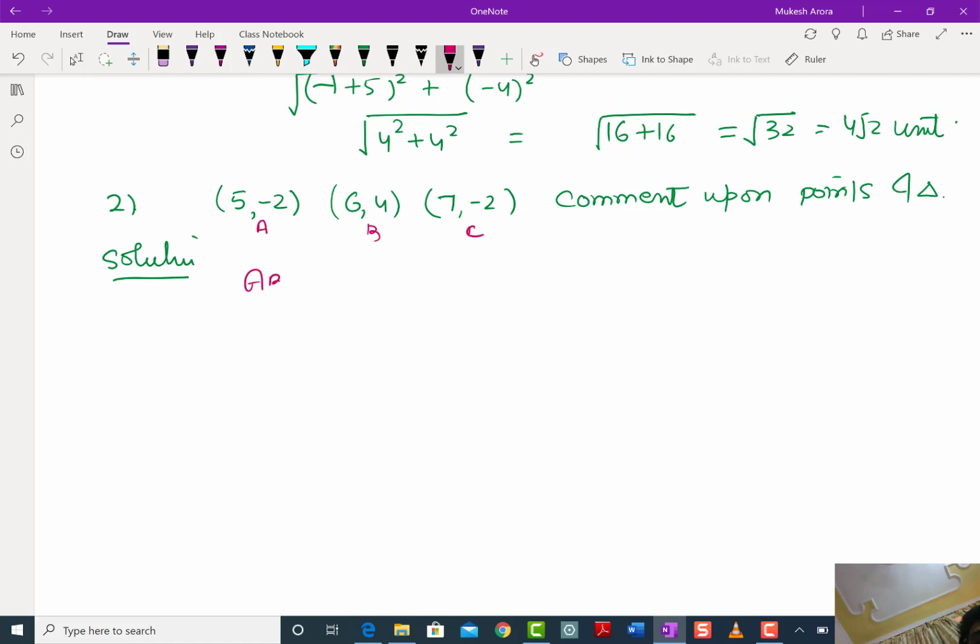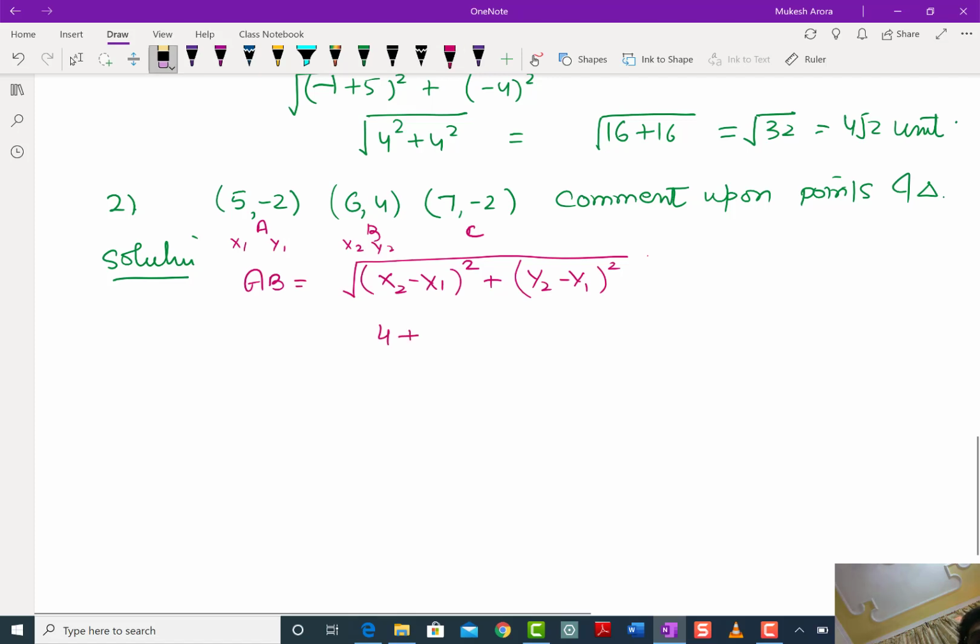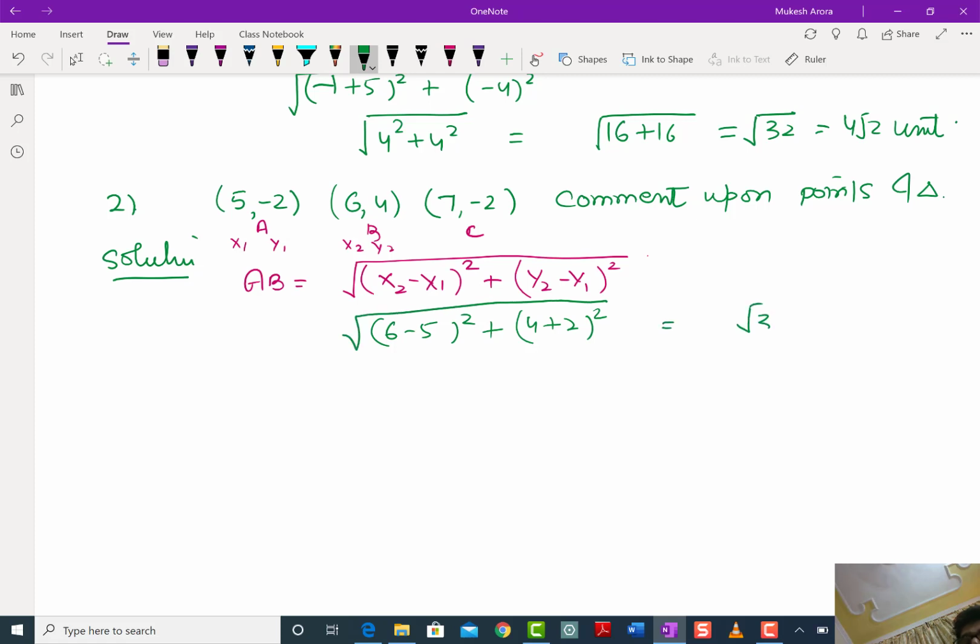First of all we'll find AB, that is under the root (x2 minus x1) raised to the power 2 plus (y2 minus y1) raised to the power 2. So always this is x1, y1 and this is x2, y2. That is, 6 minus 5 raised to the power 2 plus 4 plus 2 raised to the power 2, and that is under root 37.